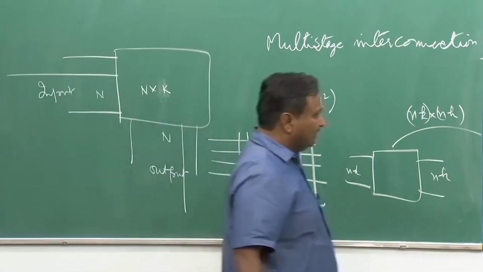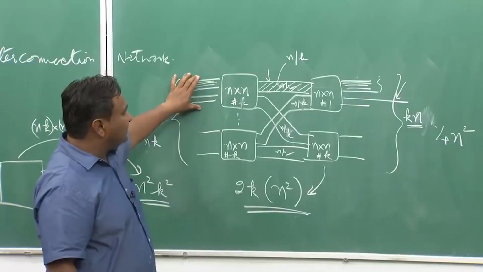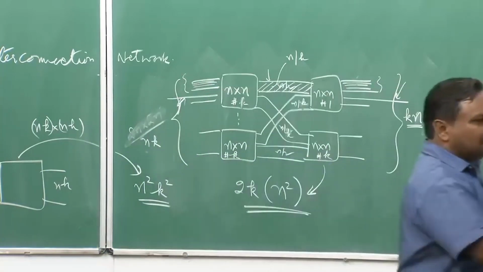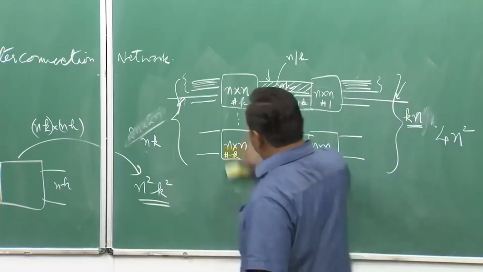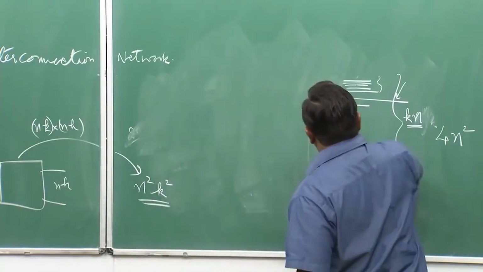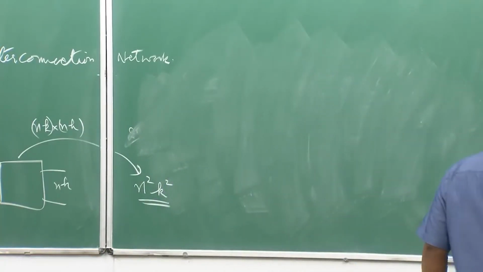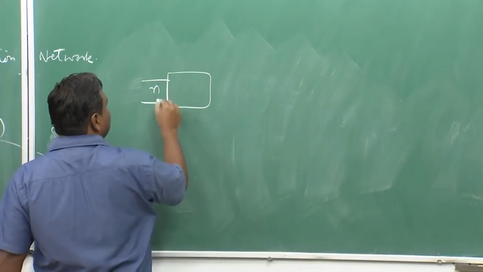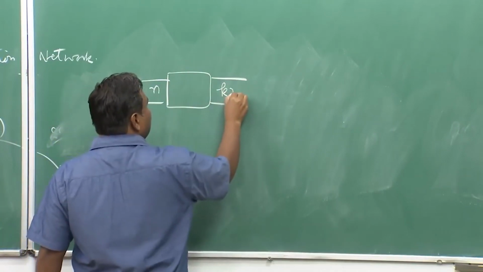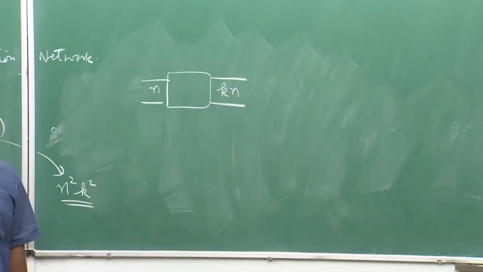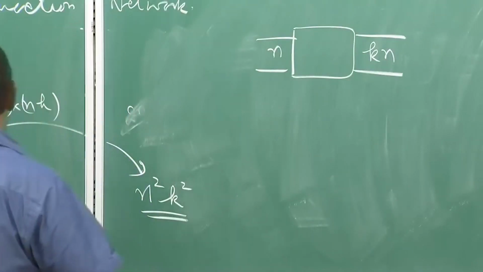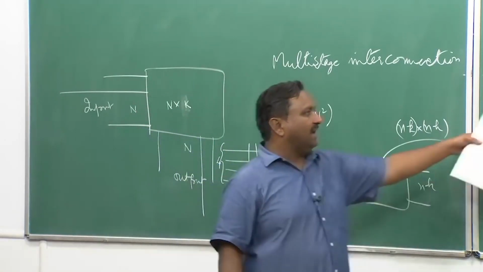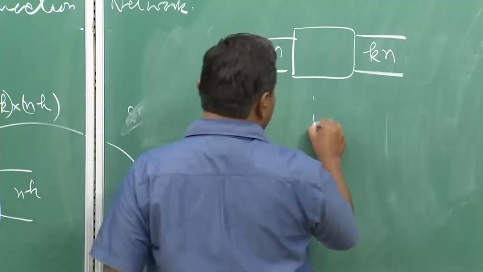So if I can do that, in the worst case, all these small n number of lines have to connect through. The way it has to be done, if I want a strictly non-blocking system with 2-stage interconnection, is that I will take n as inputs and kn as the outputs. So the number of outputs I will increase, because I can make 4 by 8, I can also make n by kn, and I can do multiple of them.